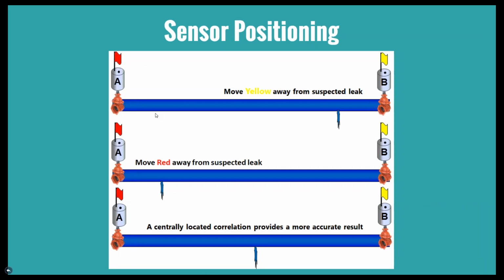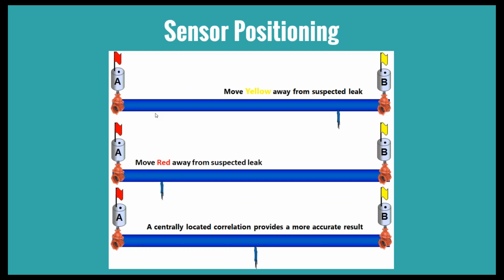So as I mentioned earlier, sensor positioning. You want to try to pinpoint that leak as well as possible with your correlators before you start using your ground sounder. So if you do hear a leak between two valve boxes or two appurtenances, try to get them as centrally located as possible so that you can pinpoint that leak before you start ground sounding.